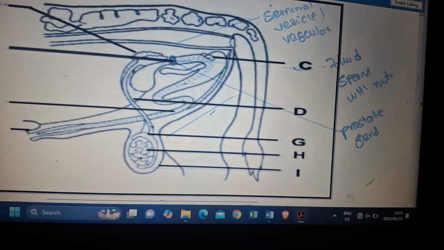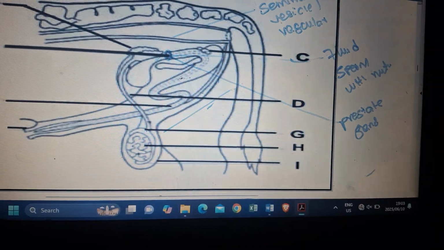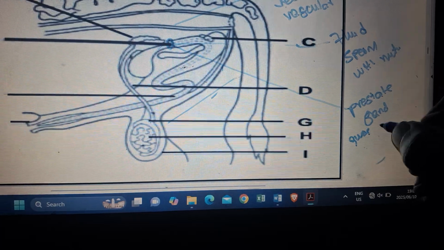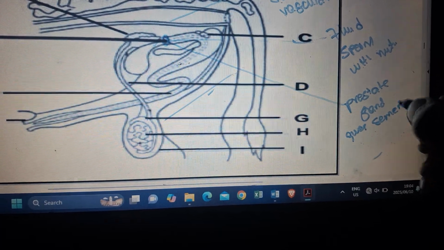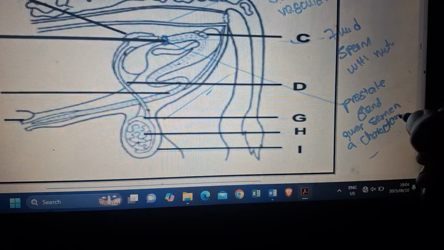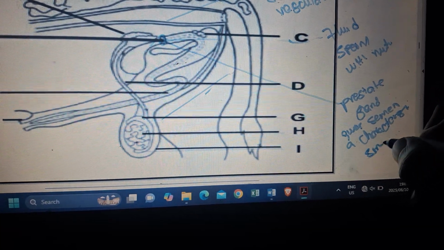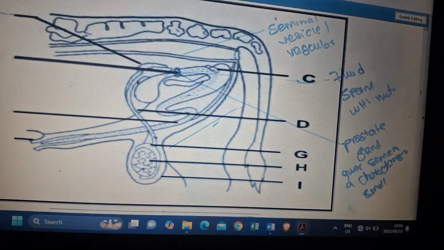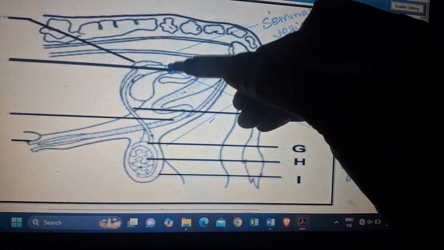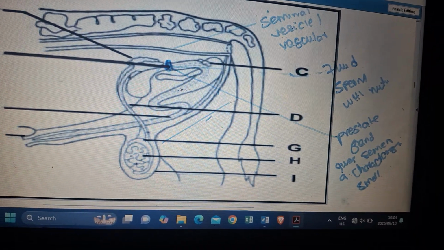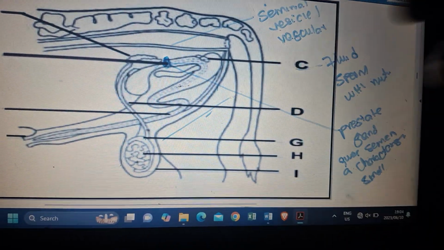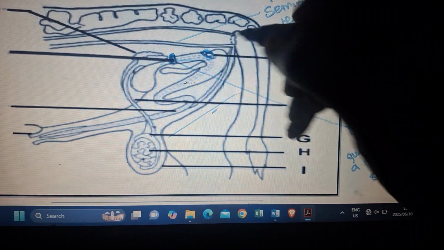So a prostate gland, this one is a gland that produces a fluid that gives semen a characteristic smell. So the unique smell of the semen is determined by the fluid produced by the prostate gland. Then the last gland is this one that is very close to the anus.